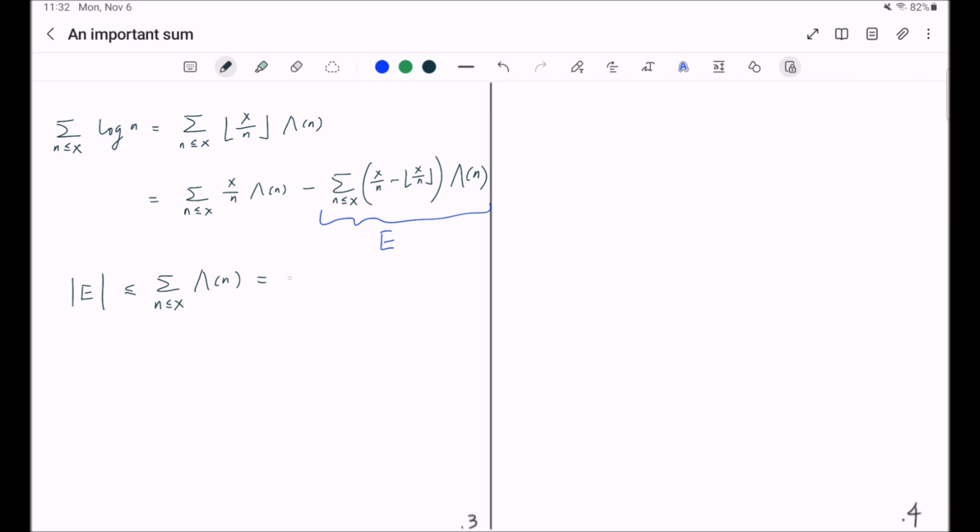And the sum is precisely equal to psi of x by definition of psi of x. So this is nothing but definition. And psi of x, we know it is a big O of x by theorem 414. We proved.